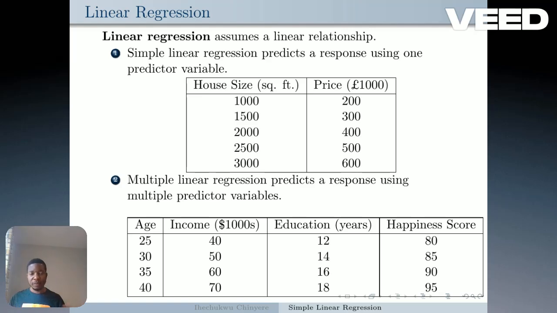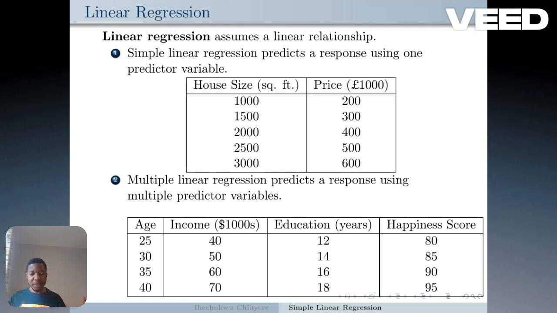So we want to know if there is some linear relationship. A linear relationship means that maybe as one is increasing, the other one is decreasing, but in a linear way.